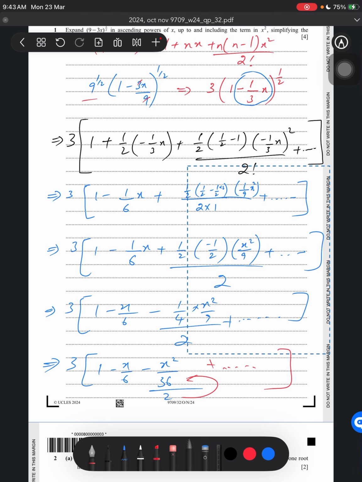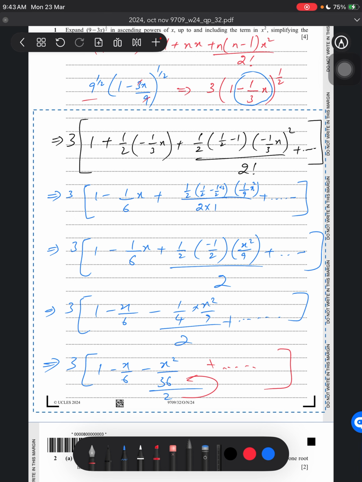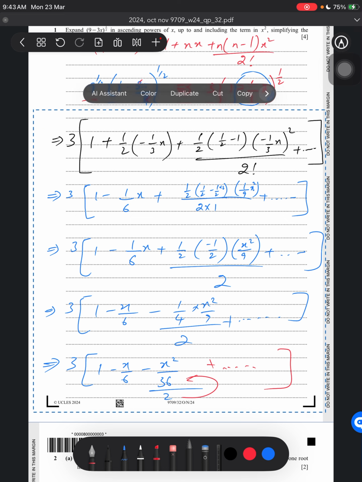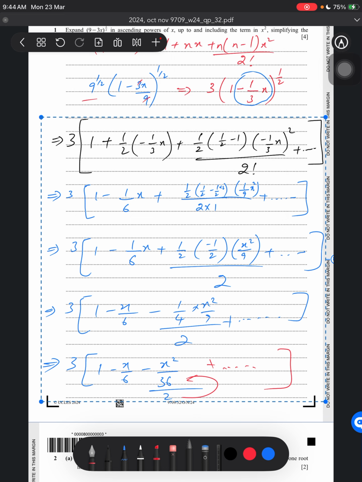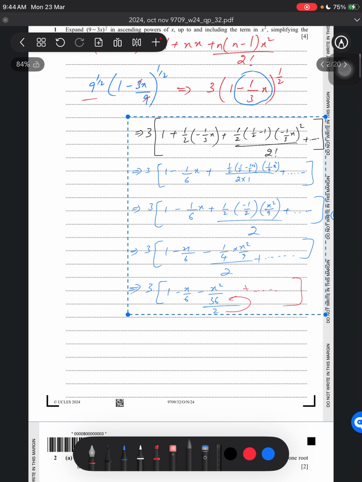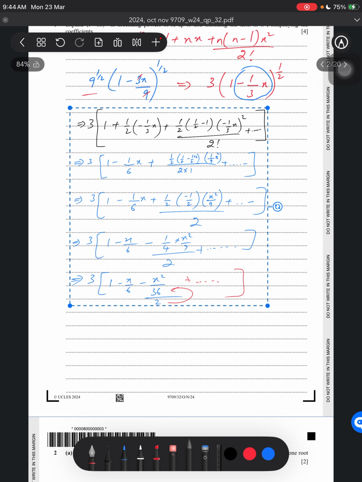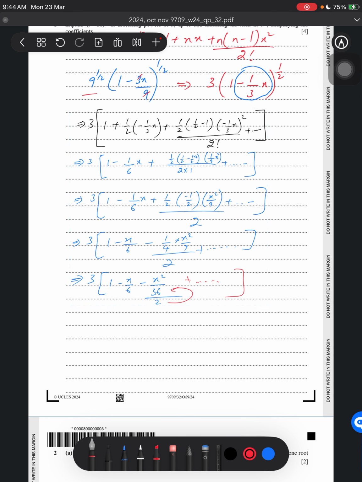Let me just resize it to make some space. So the final answer, not the final, because this 3 has to be multiplied with that. This would be x squared over 36 times 2, which is 72.